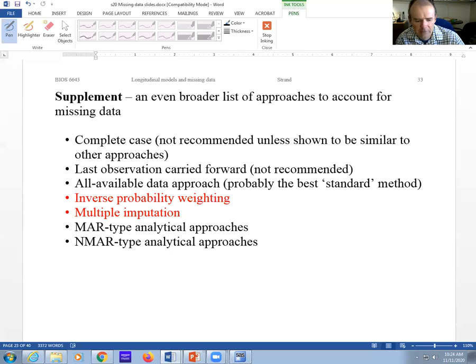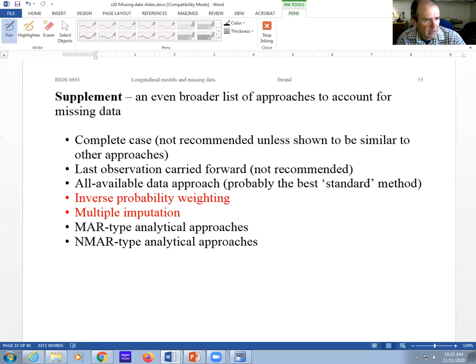If you have 5 visits, but they only showed up for 3, you can include them, right? You don't have to have complete case data to fit a mixed model. That's what I typically try to do. It won't necessarily overcome bias of missing data, but it's at least as good as a complete case. And a lot of times it'll give you more precision because you're including more data.